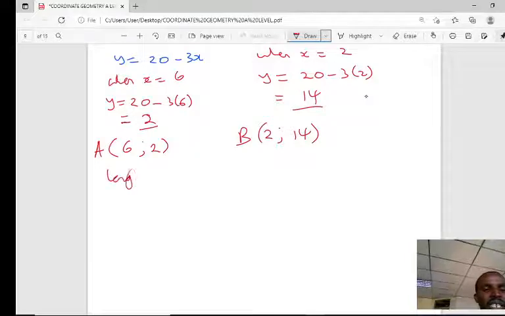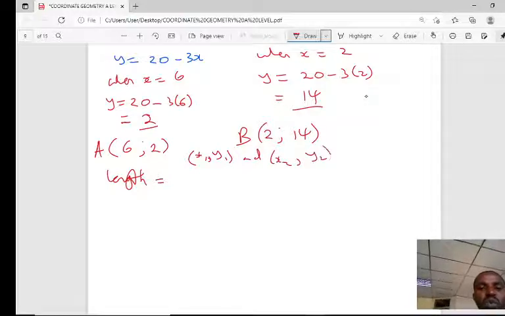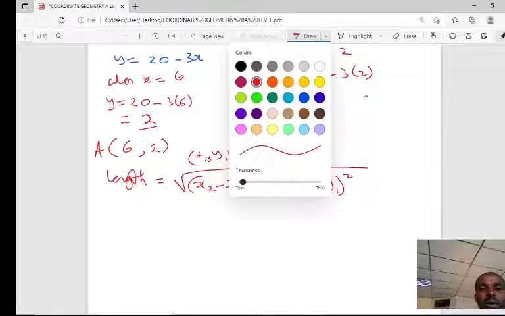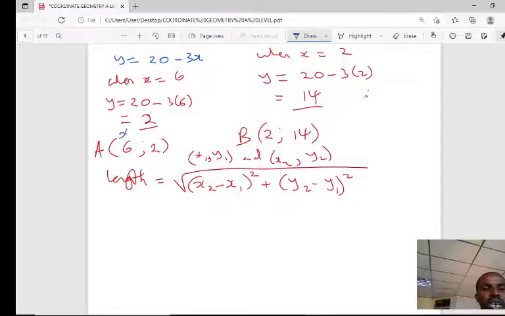You say length is equal to, for example, given the 2 points x1, y1 and x2, y2, you say length is equal to the square root of x2 minus x1 squared plus y2 minus y1 squared. That's what you do. So in this case, x1, y1, let me label them, x2, y2.